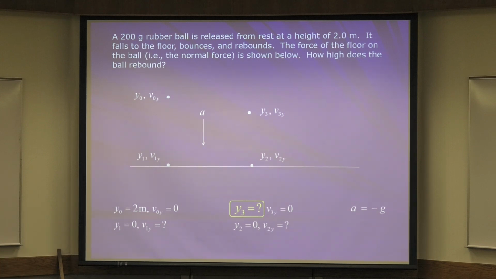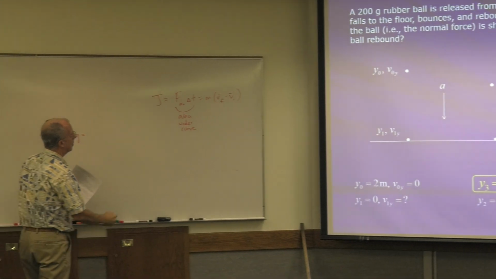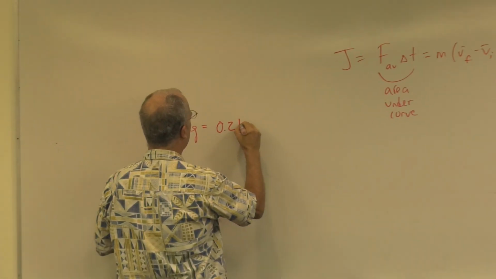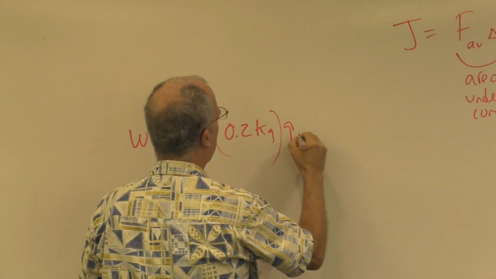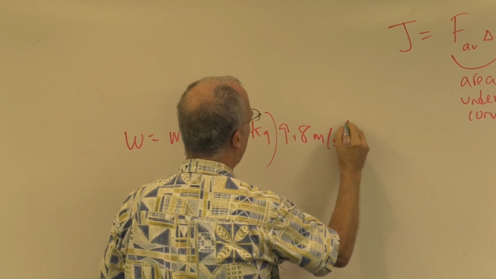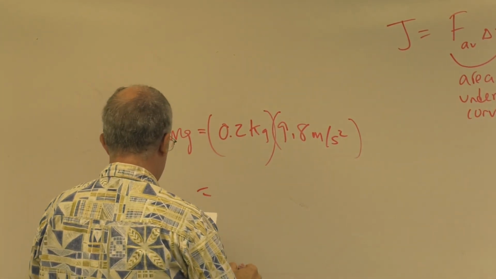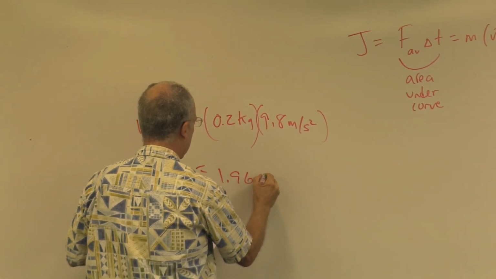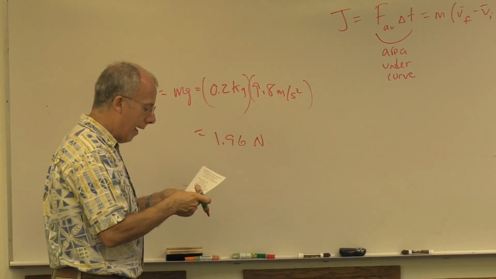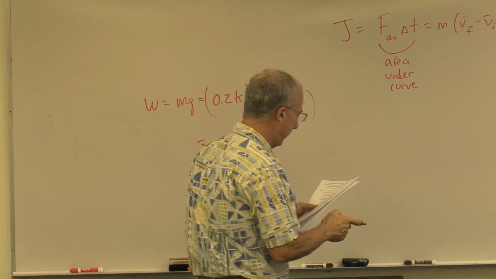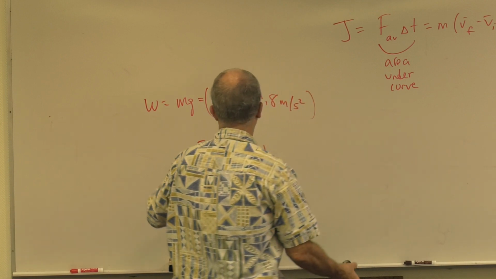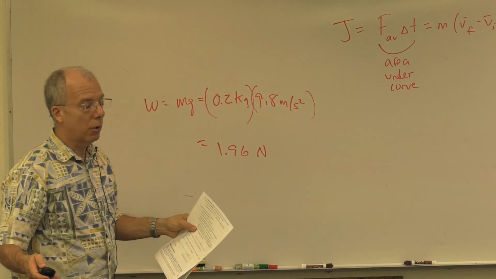The weight is mg, and the mass is 0.2 kilograms. g is 9.8 meters per second squared. So that's 1.96 newtons. Okay? So basically 2 newtons. That's the weight.